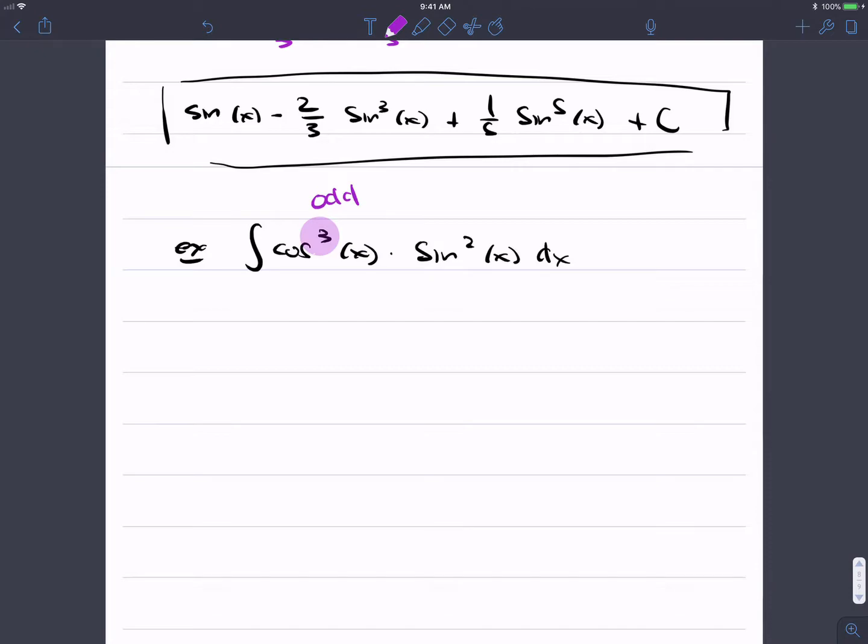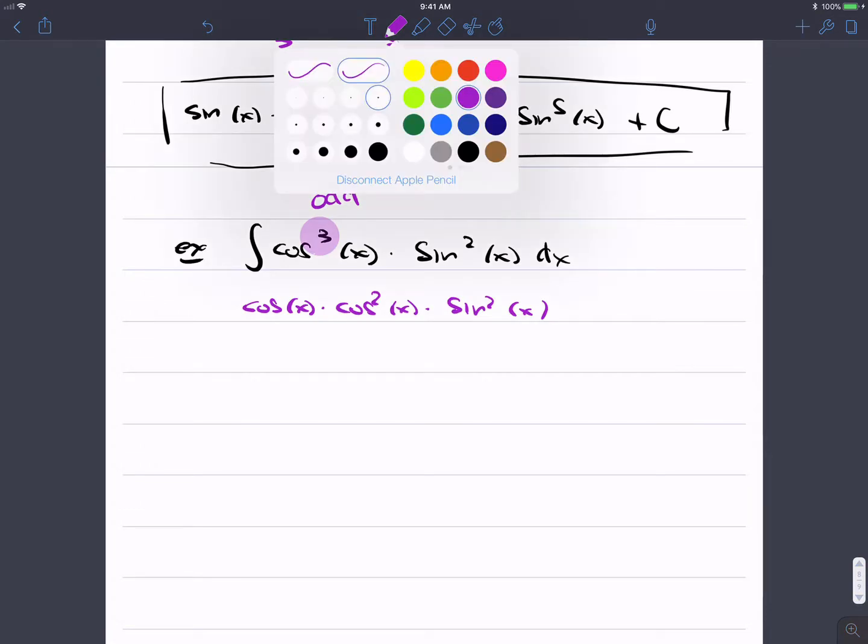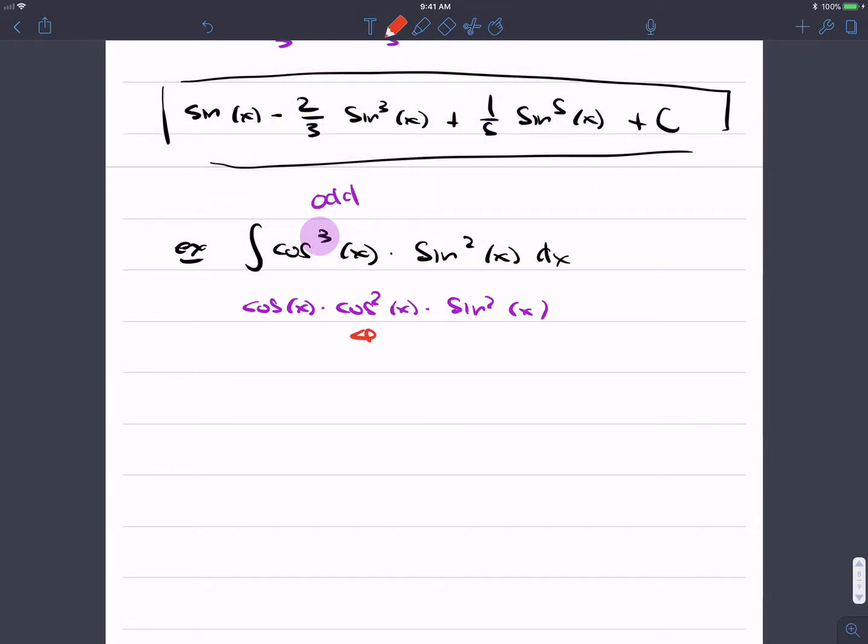So again, we factor out cosine: cosine times cosine squared times the sine squared factor. Replace cosine squared with 1 minus sine squared, and you get cosine times 1 minus sine squared times sine squared. That's what we have to integrate with respect to dx.